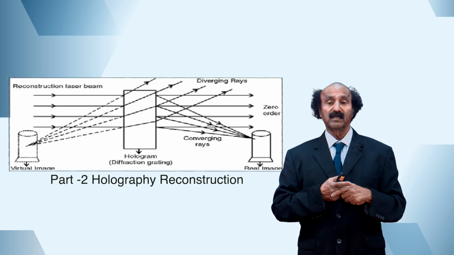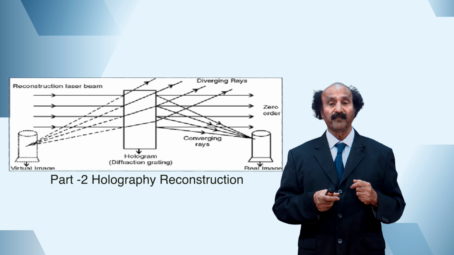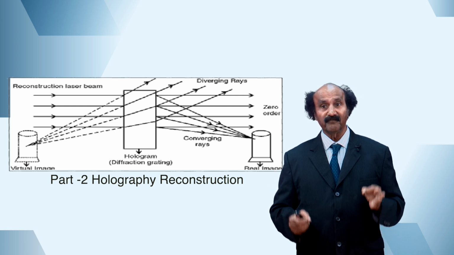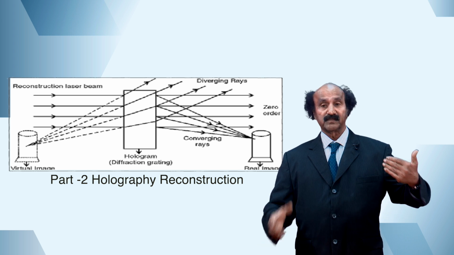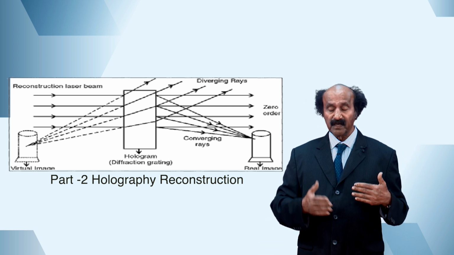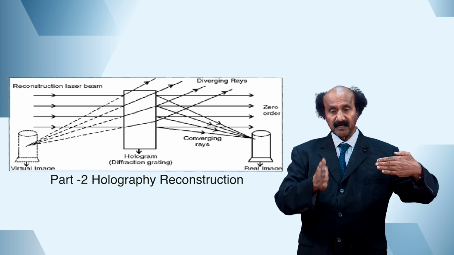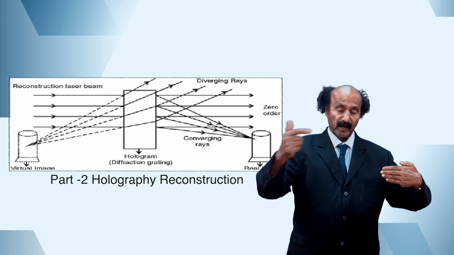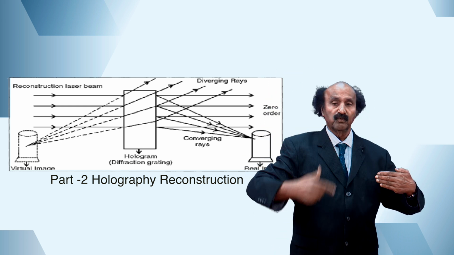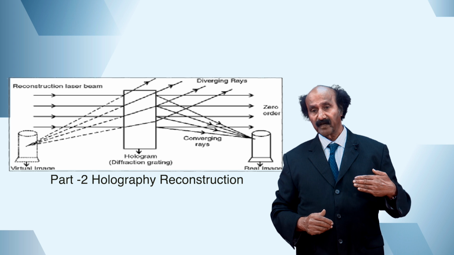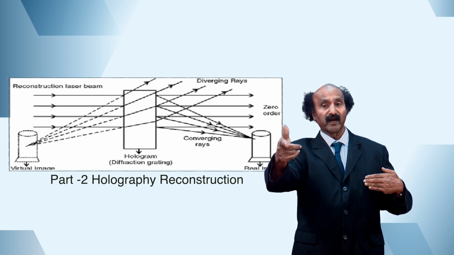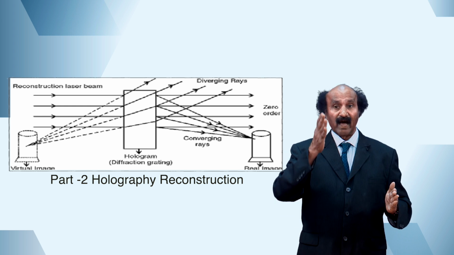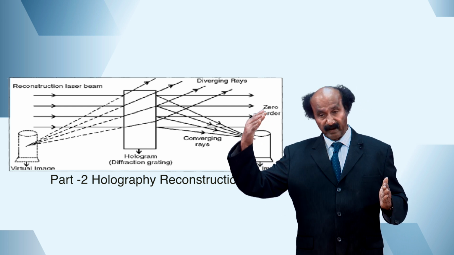Now, the most interesting thing is, on the reconstruction, this is the typical example of diffraction. I have explained so many times, I send the laser beam, I have a grating, then I will have two images, +1, -1, +2, -2. That is a property of diffraction, which we have seen so many times. I have a plate, I have one image, at equal angle you will see the real image.